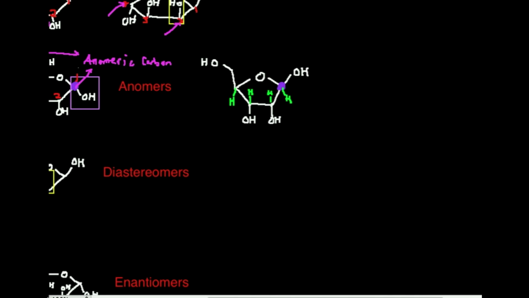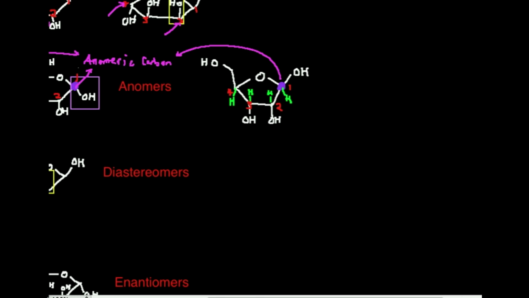When you usually draw these, if you draw them like I do, it's always clockwise from this oxygen. That's going to be 1, 2, 3, 4. Technically, this oxygen would be 5, but I don't really count that. So 1, 2, 3, 4. And this is 1. So this right here is the anomeric carbon.